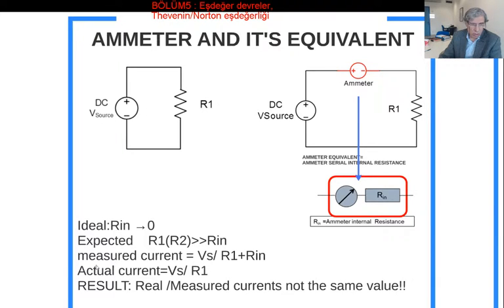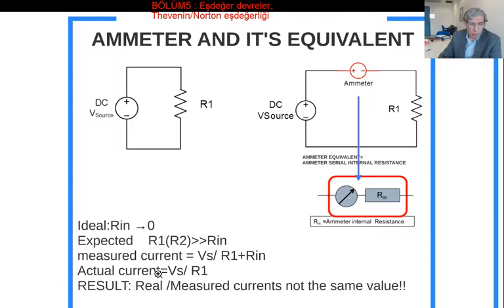That's the theoretical actual current. When you try to measure this current by using a meter, it is going to be a meter plus an R internal. So the current passing through this circuit is going to be Vs over R1 plus Rin. That's the measured current. So the measured current is not equal to the actual current.